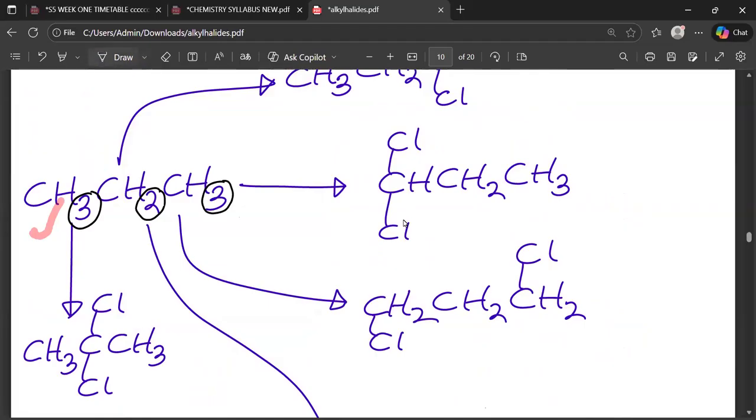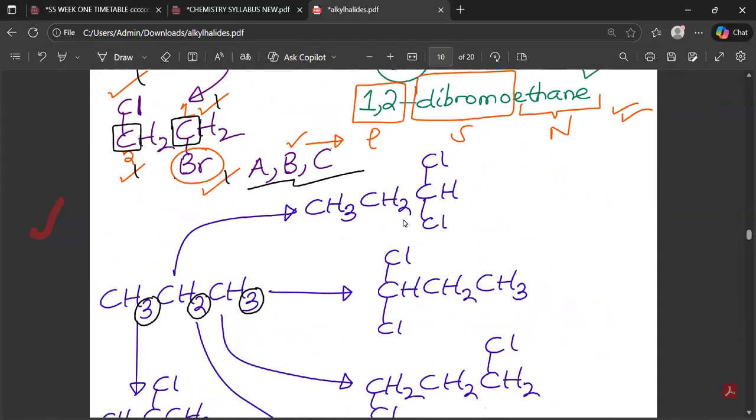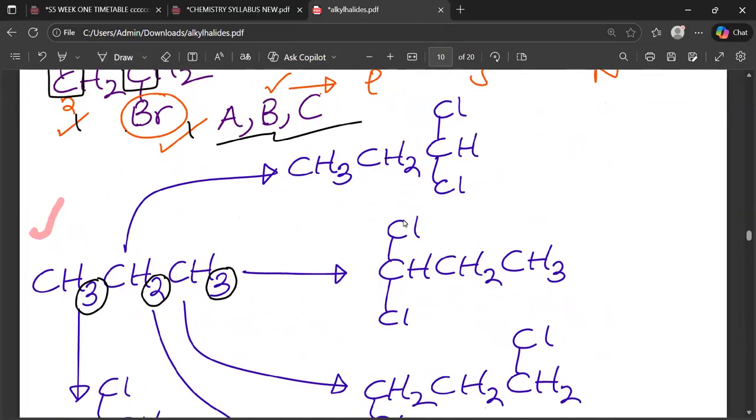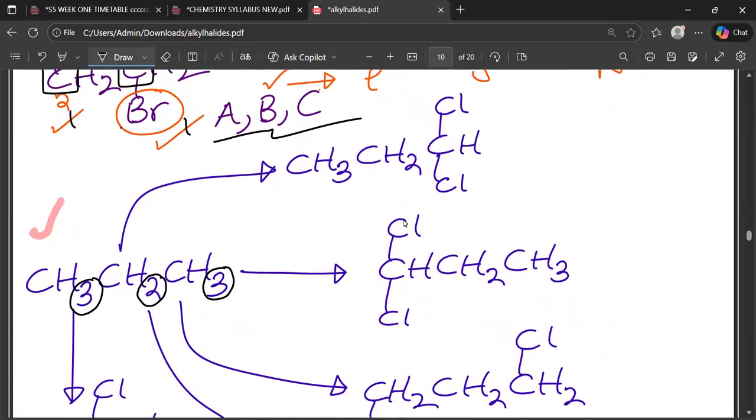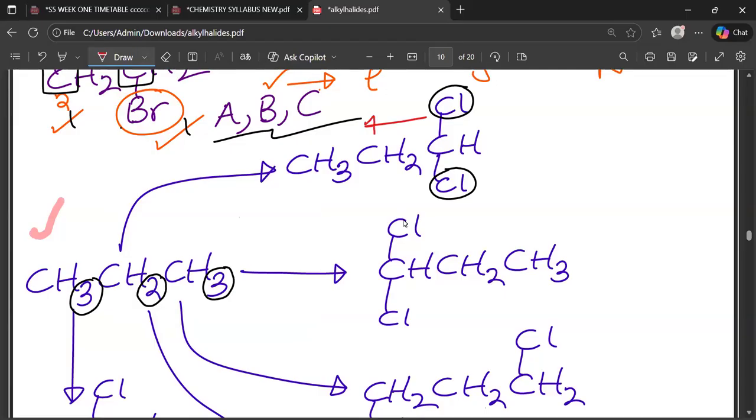So I want us to look at the nomenclature. The nomenclature is very easy. We prioritize the functional groups. You all know that. Because here the Cl and the Cl are on the same carbon and it is the last one, this is the direction we shall take. Why?